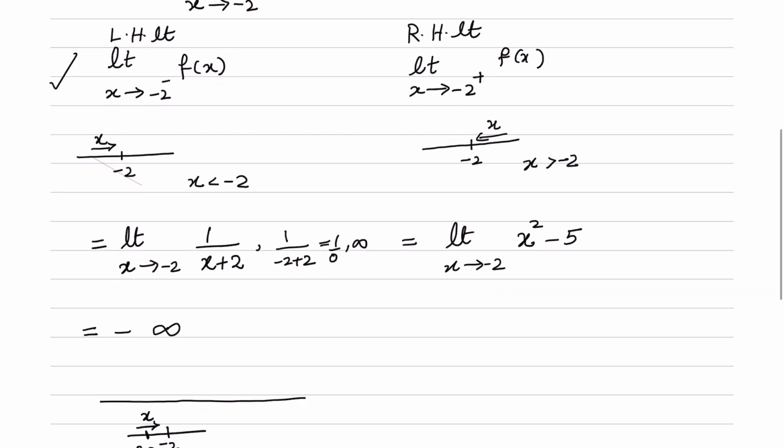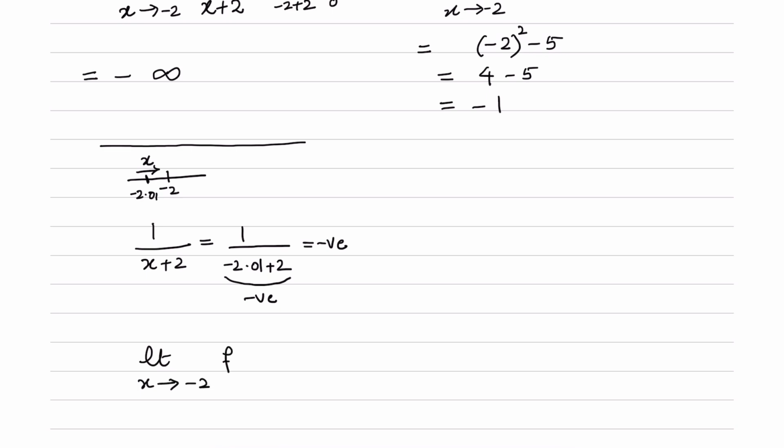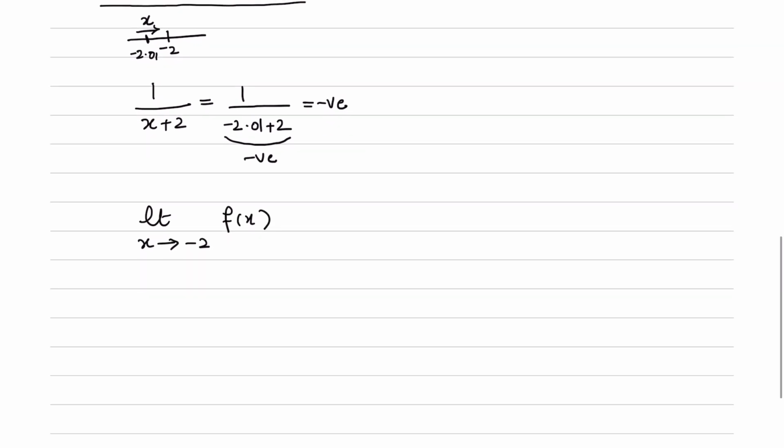Now let's look at the right hand limit. We already have the function x squared minus 5. So we will find the limit at -2. We will plug the number -2 in the place of x, and we get 4 minus 5, which is -1. So at -2, for this question, we found two limits, the left hand limit and the right hand limit.